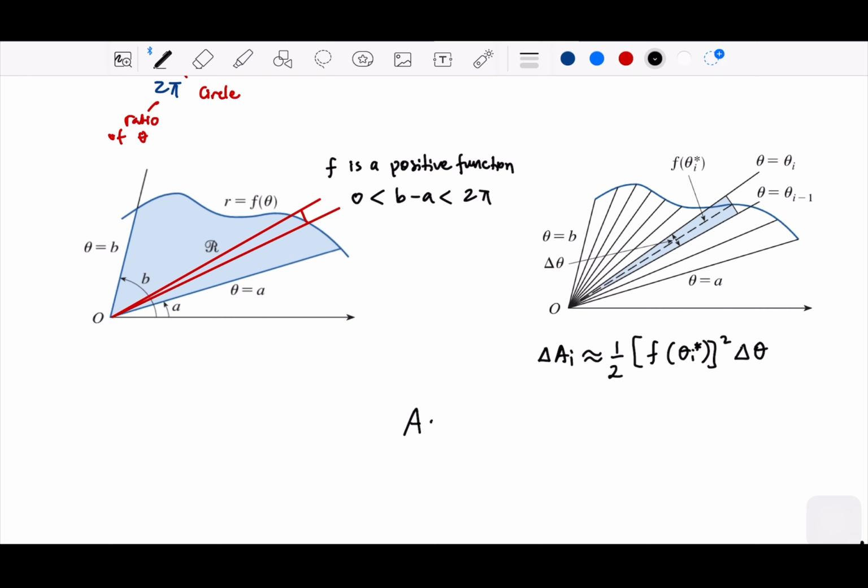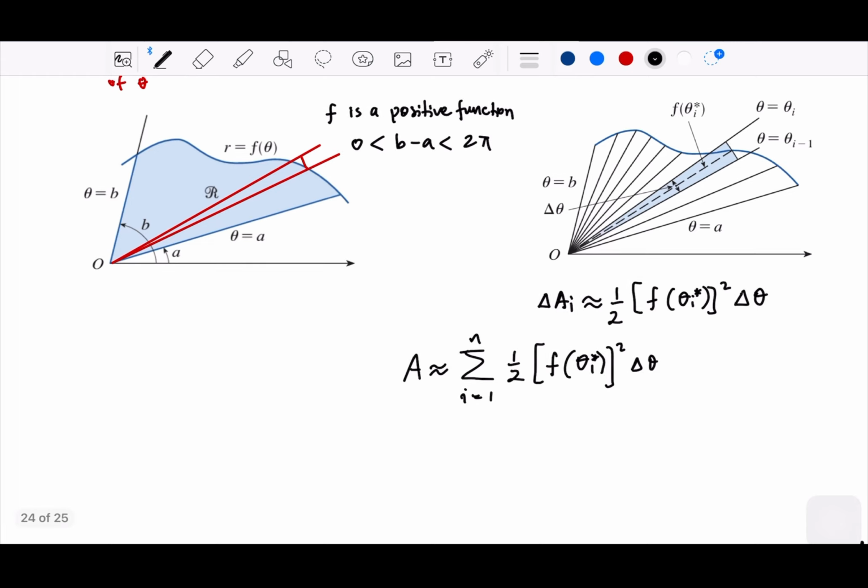okay. And as you may see, with these approximations we are going to take this into our summation. So the total area is the summation of these formulations. And then we can take the limit concept to connect with the integral as n approaches infinity.